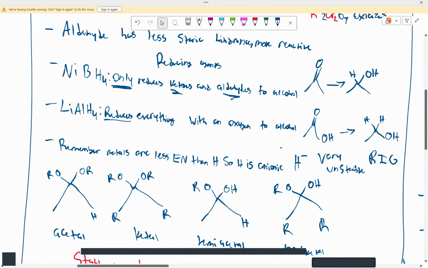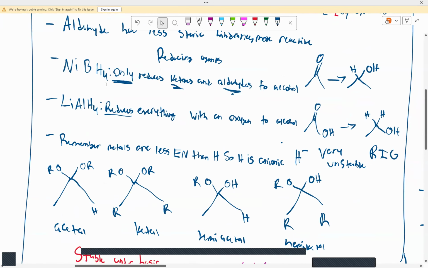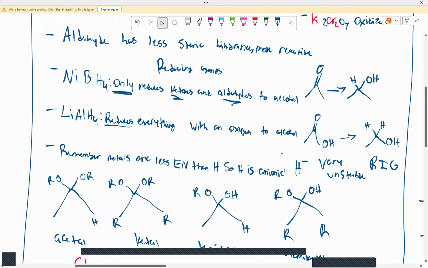Is there a common theme of having these metals paired with hydrogens to be a reducing reagent? Remember that metals are less electronegative than hydrogen is. So hydrogen is anionic, which means that hydrogen has all those electrons, because it's more electronegative. Hydrogen keeps the electrons close, which is not very stable, so that hydrogen wants to react as quickly as possible.